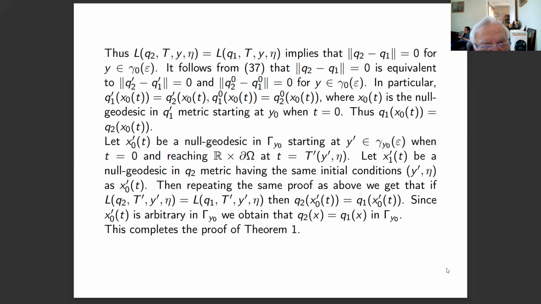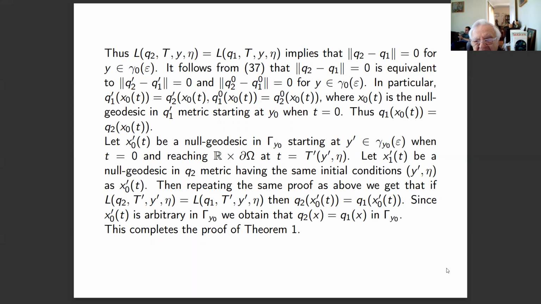In particular, the norm is a supremum in tau, so it implies that Q1 prime equals Q2 prime at X0 and Q1 0 equals Q2 0 at X0, where X0 is null-geodesics in the gamma prime metric starting at Y0 when T equals 0. Therefore, Q1 X0 equals Q2 X0.